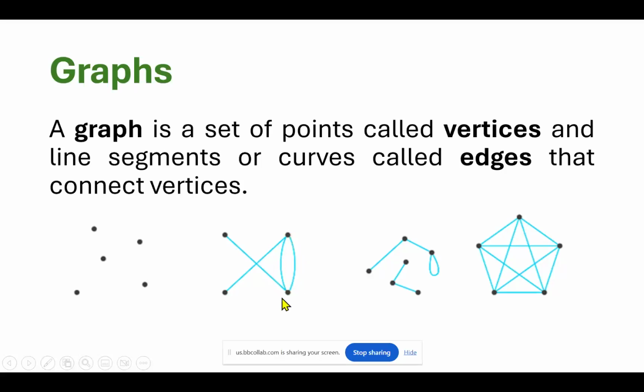Think about it like connections. It's an edge that connects two vertices. In this example, I have another graph. And something that this shows different is that you may have an edge, which we call a loop, that starts at the same point and ends at the same point. And last, this is what we call a complete graph.